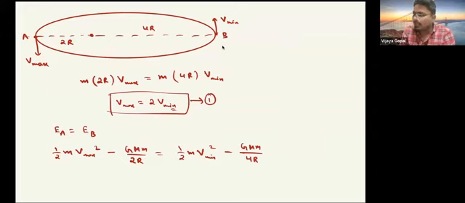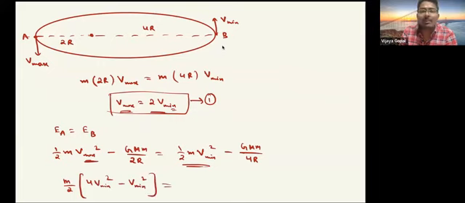In the question they are asking only minimum speed, so let us eliminate maximum speed. V maximum is 2 times V minimum. Substituting, we get 4 V minimum square, and taking the V minimum square from the left side, minus V minimum square, which equals GMm by 2R minus GMm by 4R.